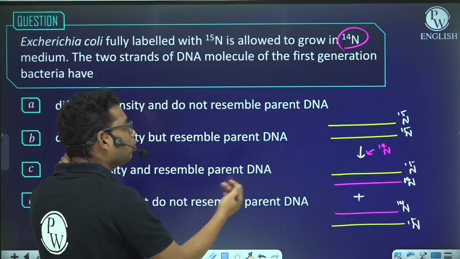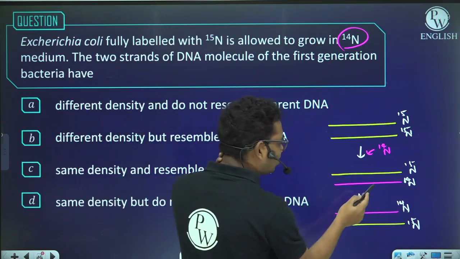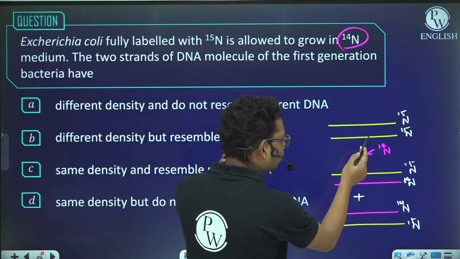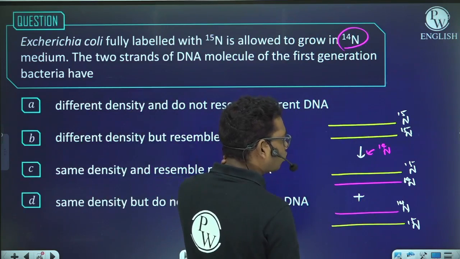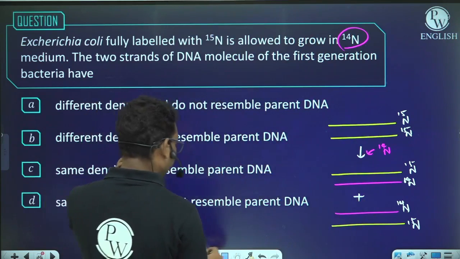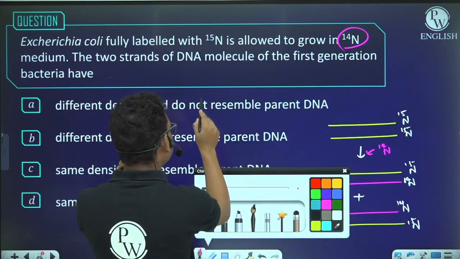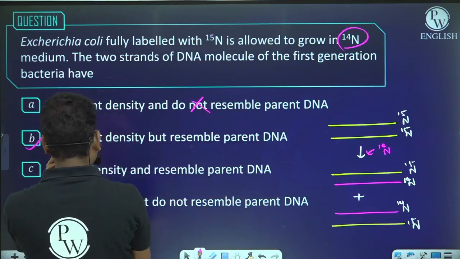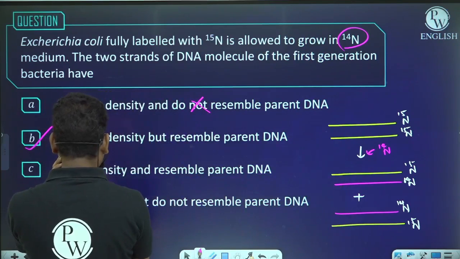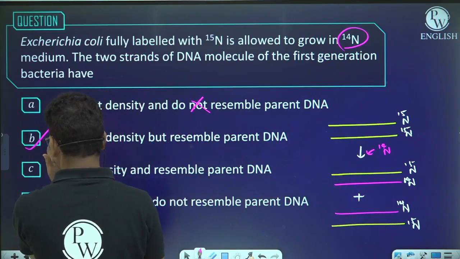No, they resemble the parent DNA, because this strand will resemble this strand, and this strand will resemble that strand. Since it is written that they do not resemble, this is incorrect. Different density but resemble parent DNA is correct. Same density is not correct, so the answer will be B.